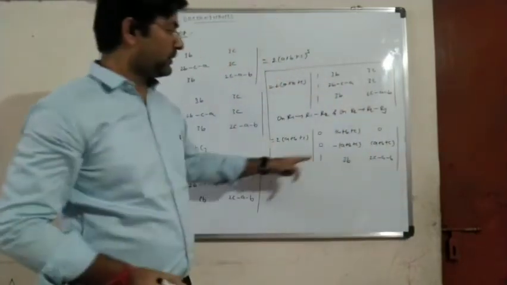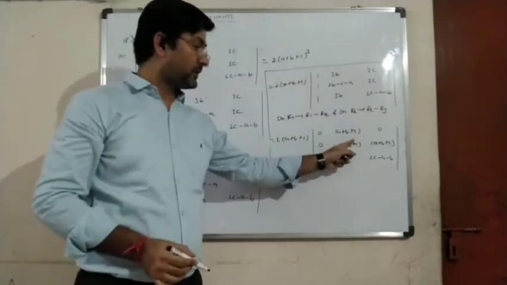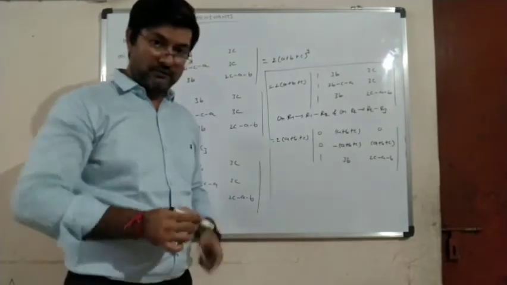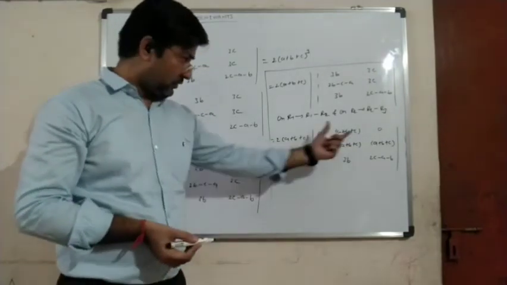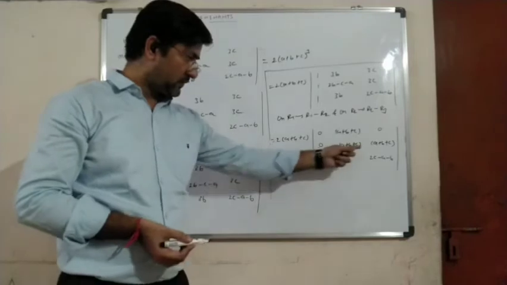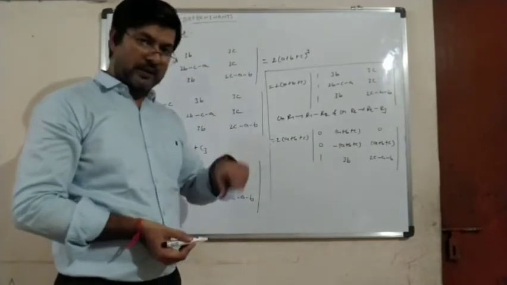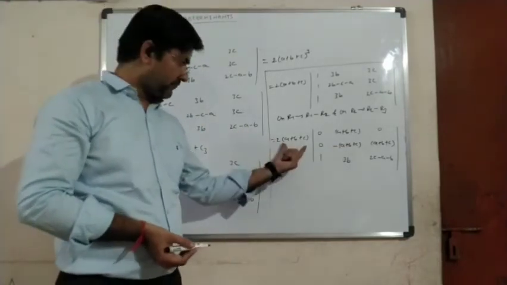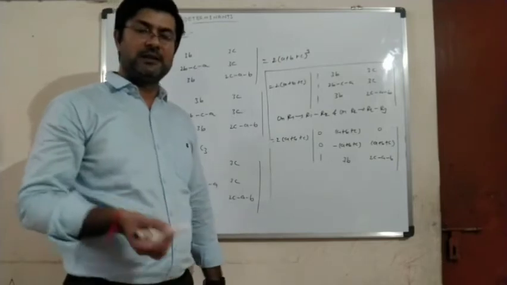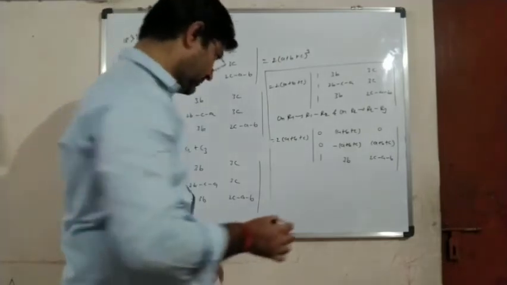Okay, so now you will notice that in the first row and the second row, we have a plus b plus c common. So from the first row a plus b plus c, from the second row a plus b plus c, (a plus b plus c) the whole square into (a plus b plus c), that is equal to (a plus b plus c) the whole cube.